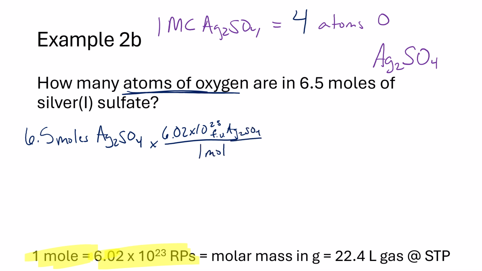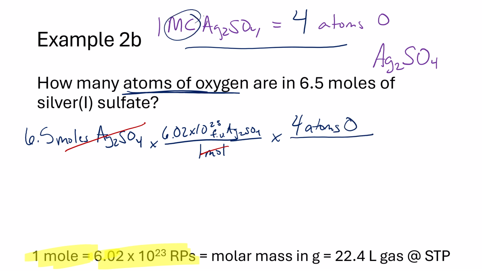And that way those moles cancel. And then next step, I have to do my new equivalent. So 4 atoms, and instead of molecule, you can also change this to formula units. And those units will cancel, and I'm going to be left with atoms of oxygen.